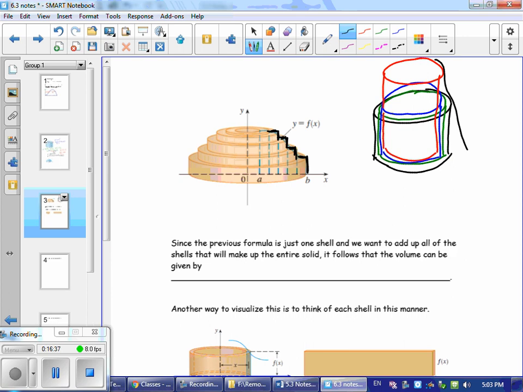The idea is once that thickness becomes super, super thin, this right here starts to form exactly that curve.